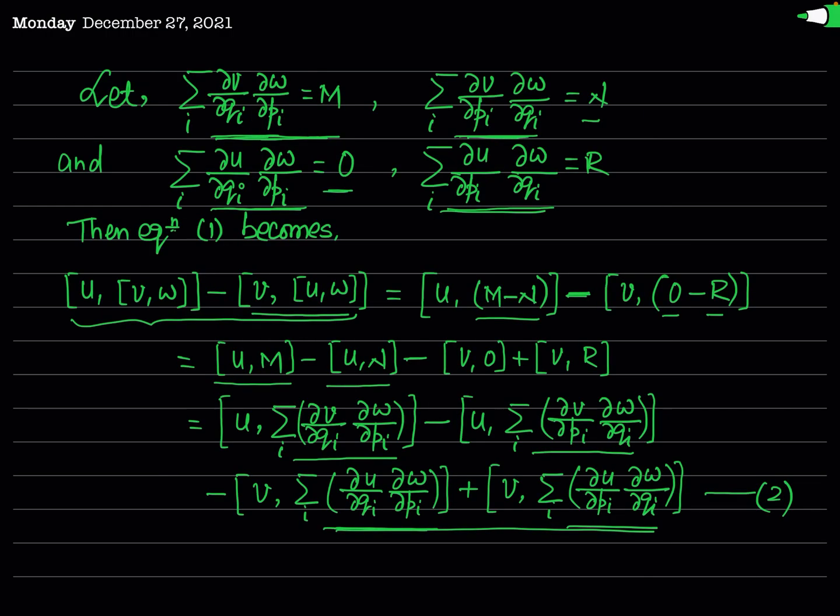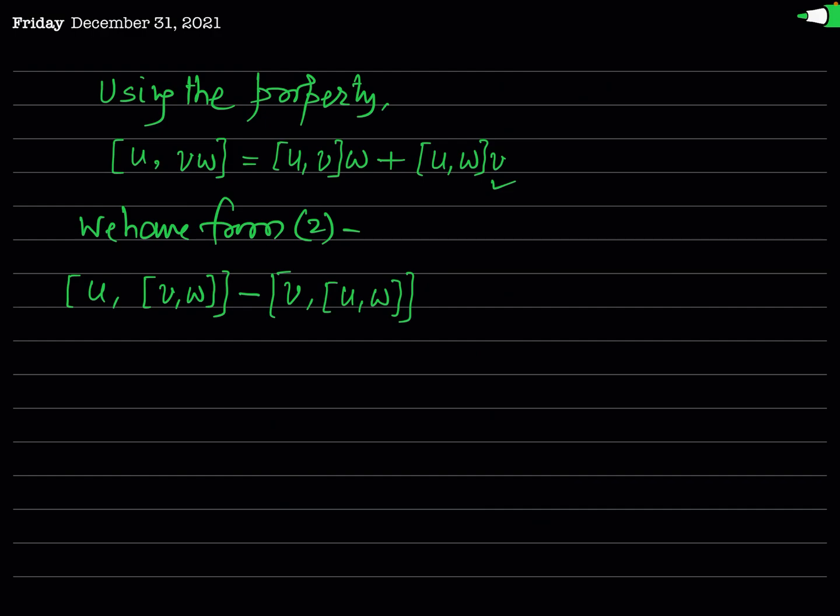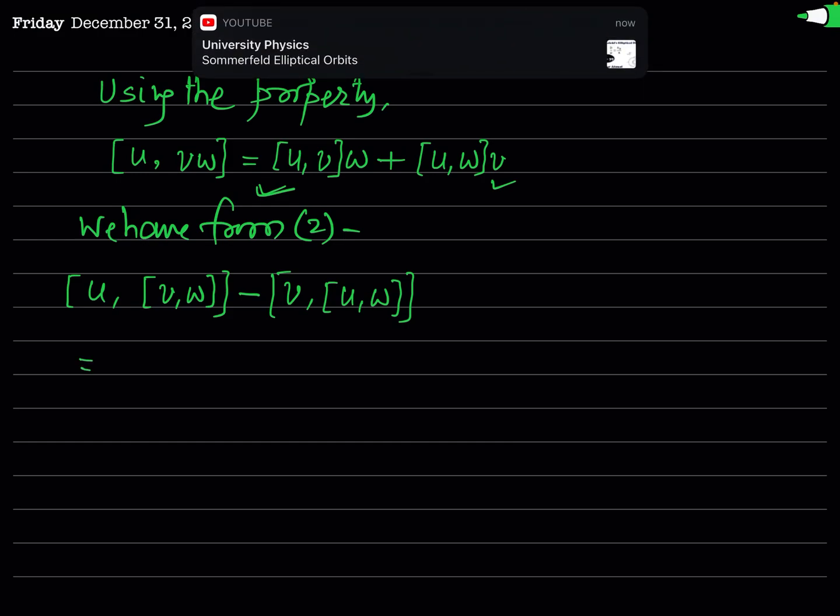And what will be this? You can easily see here. The first term is Poisson bracket of U and this much, which I am underlining here. Now this is just a product of two dynamical variables, summation over i del V by del Qi times del W by del Pi. So in the light of this property which I have mentioned here, you can write the first term in the RHS in this manner.